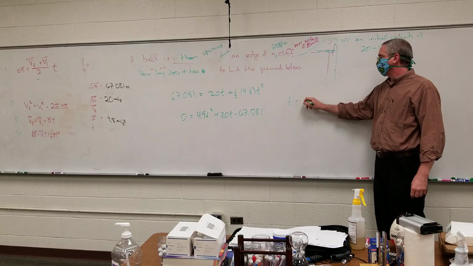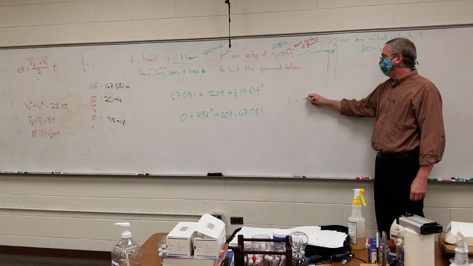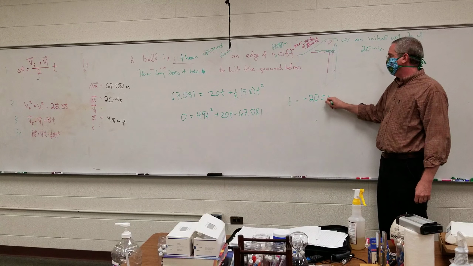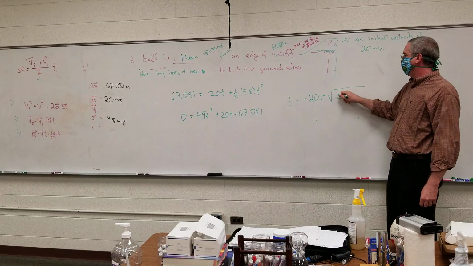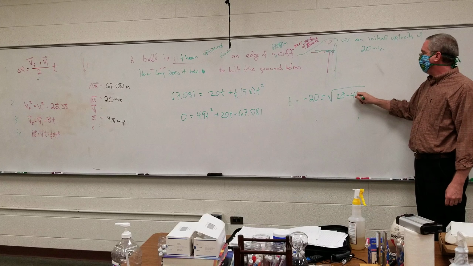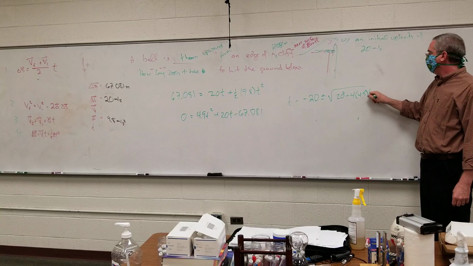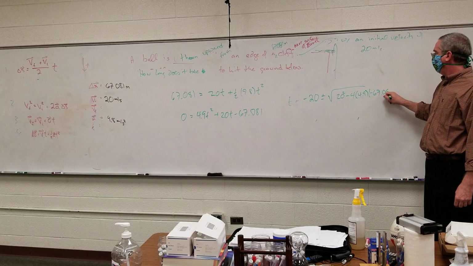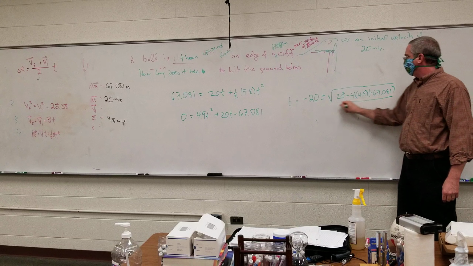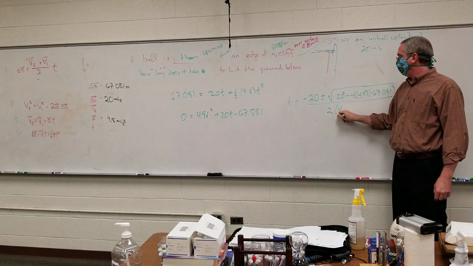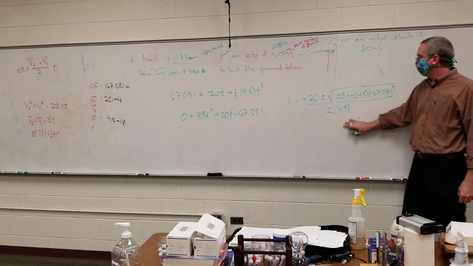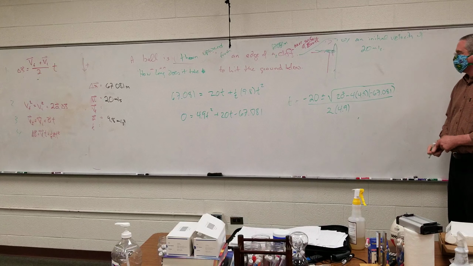All right. So negative 20 plus or minus the square root of 20 squared minus 4 times a times c, divided by 2 times a. We'll have two answers.